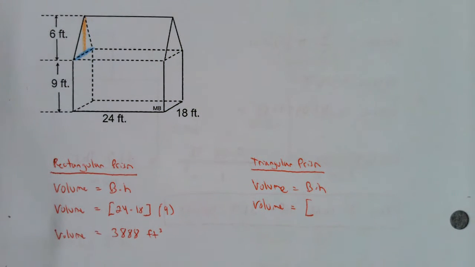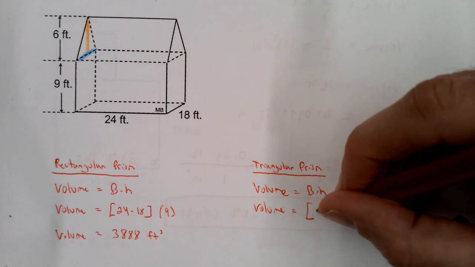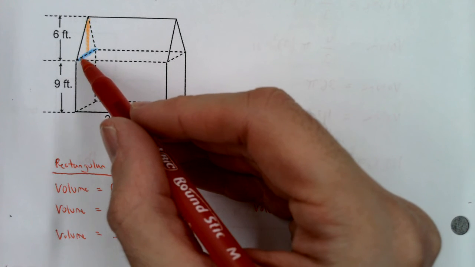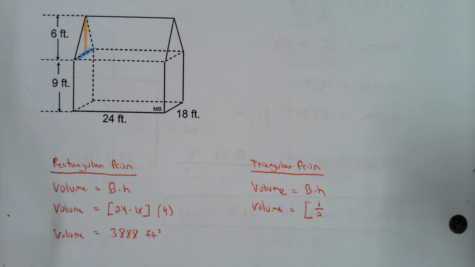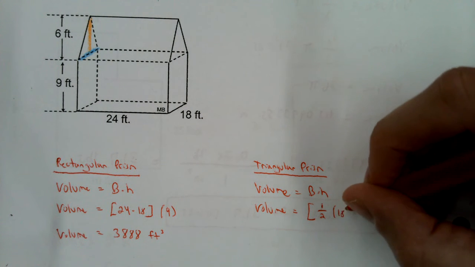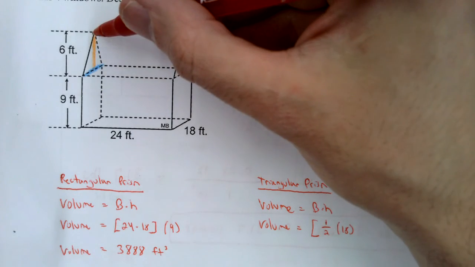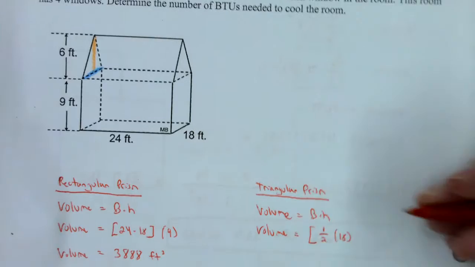Okay? So the base is going to be the blue. And that blue, hopefully you can notice this, is the same as this length right here, which is 18. Okay? And the height in orange, that's this number right here, that's the 6. So that's actually not that bad.